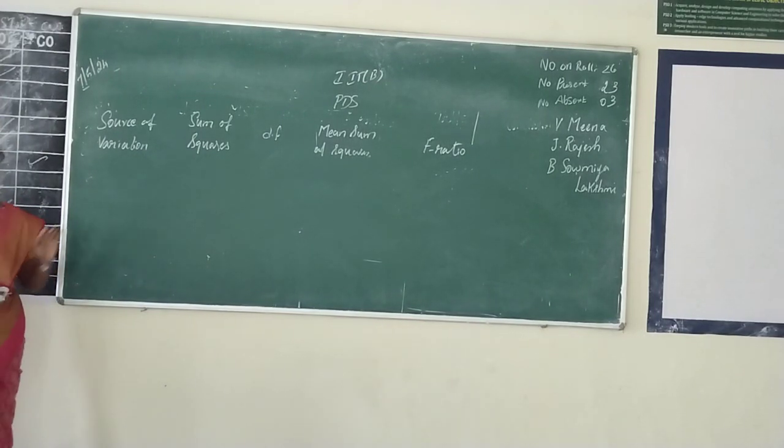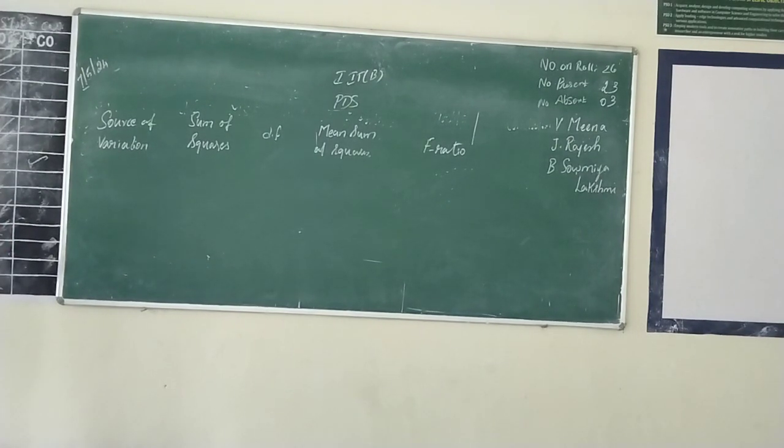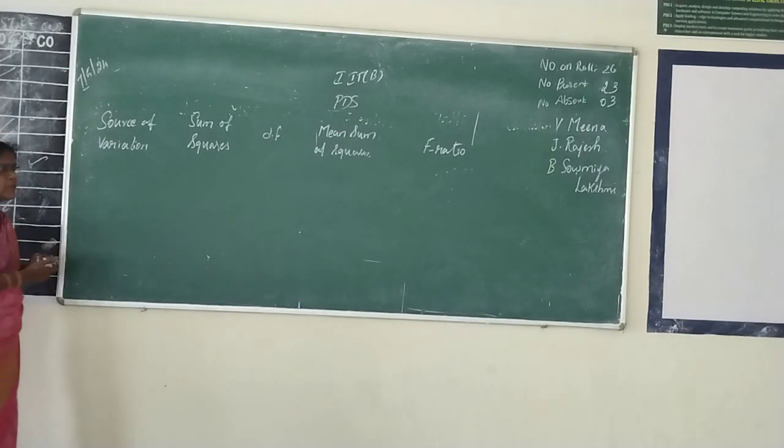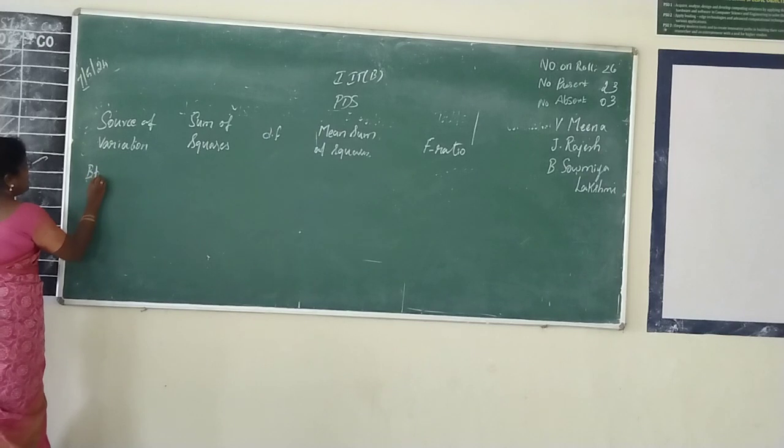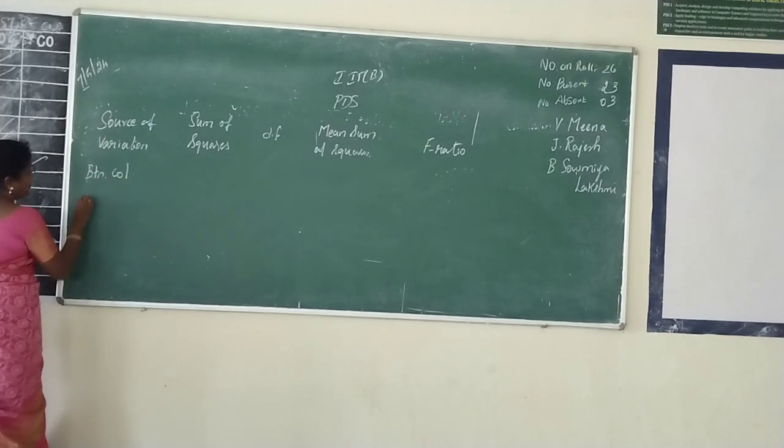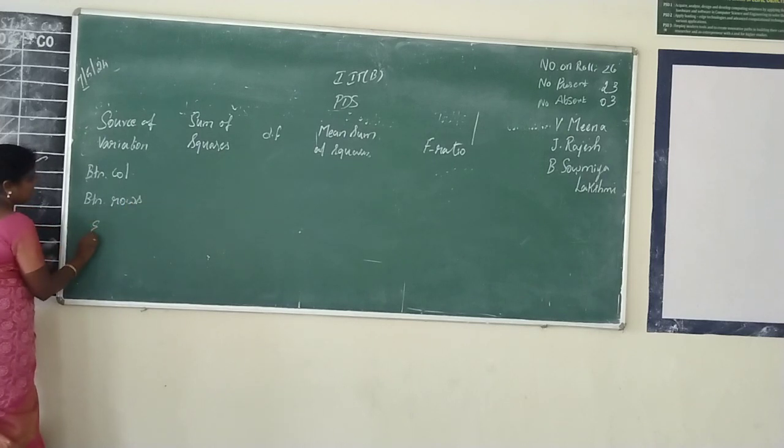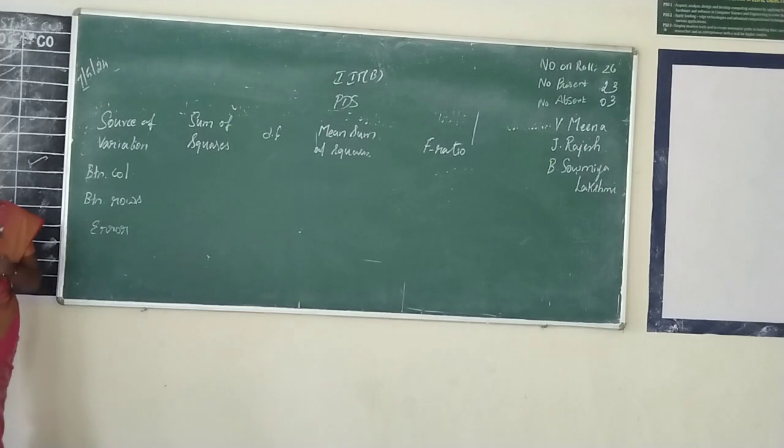In one-way, how many sources of variation did we discuss? Two: between columns and error. Since this is two-way, we are going to include one more for between rows. So the sources of variation are between columns, between rows, and finally error.